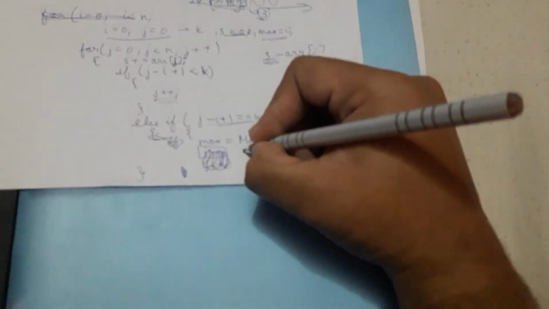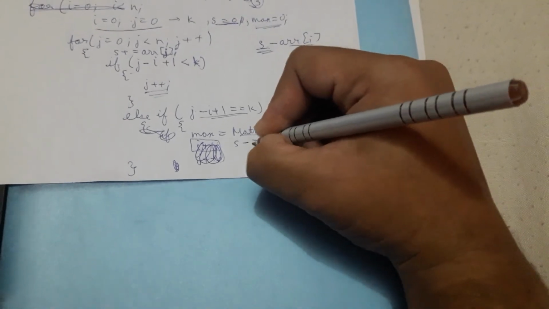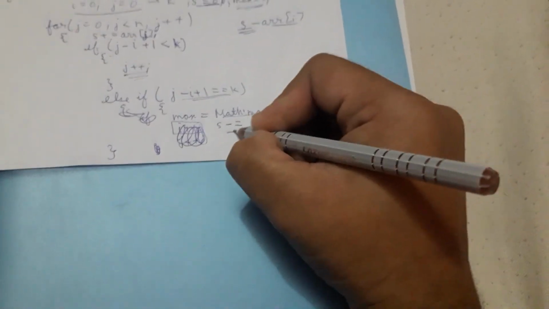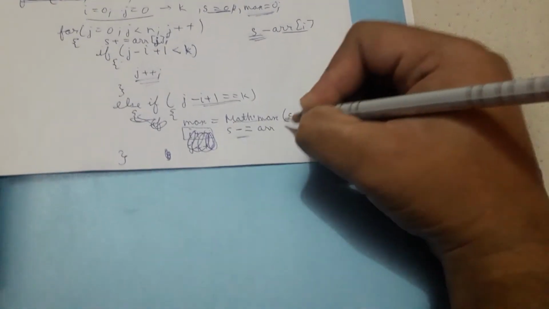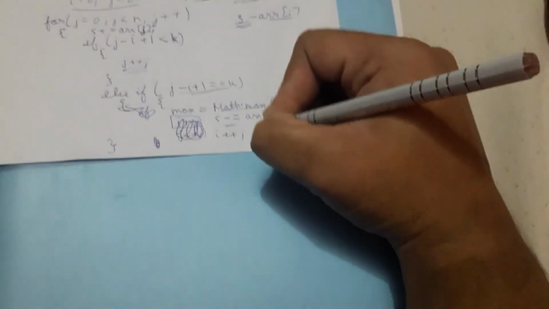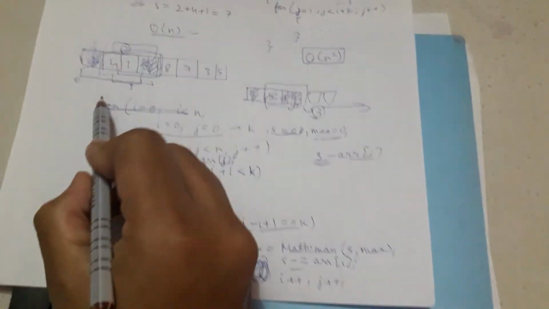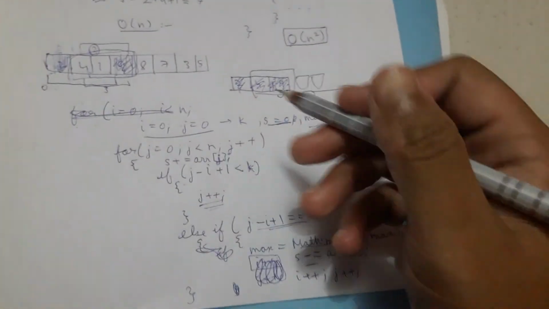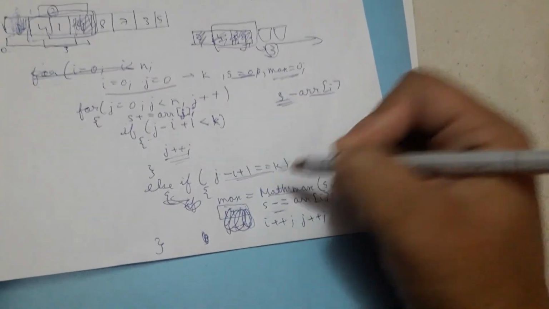What I will write over here is s minus equal to arr of i. Then I will write i plus plus, and then j plus plus. I will increment my i because I have to move my window forward. I will first remove that element, increment my i variable, and move my window forward, and then this loop will continue. So as this loop continues, I will be able to find my maximum sum.